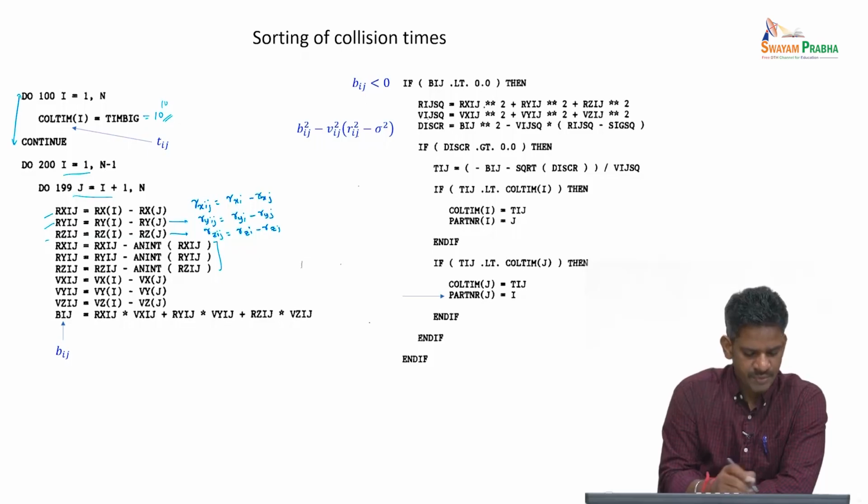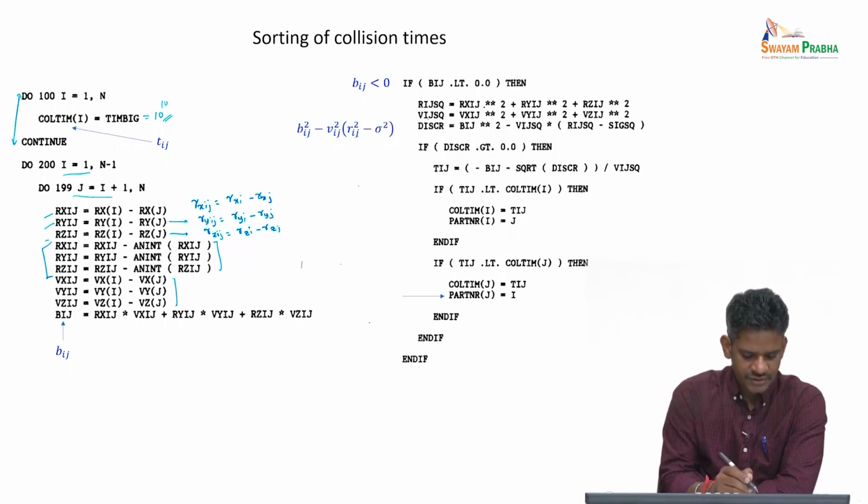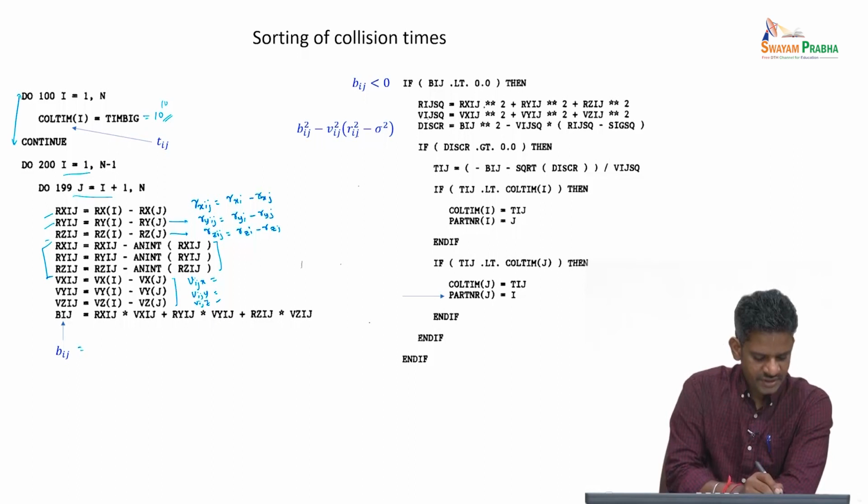Then we apply the minimum image convention, so that we find the nearest neighbor image, and we also calculate the velocities, that is Vijx, Vijy and Vijz. All that is obtained here, and then we calculate this parameter Bij, which is nothing but the dot product of Rij and Vij.